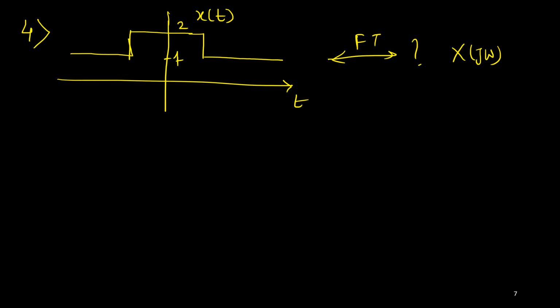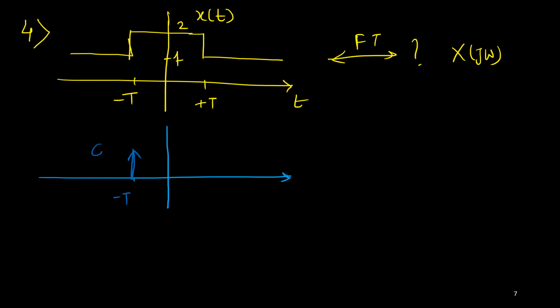Now if we take the derivative, you see this DC component, let's say this DC component at 1, but the derivative will become 0. Now if I consider this is minus capital T, and this is plus capital T. At minus capital T, there is a sudden change from 1 to 2, the gap is 1, so I will have an impulse here.